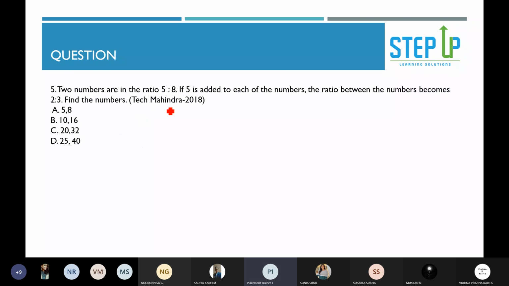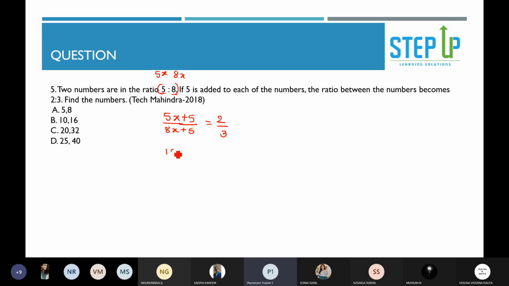See, one way of doing this question: two numbers are in the ratio of 5 is to 8. So we'll assume 5x and 8x are the numbers. Now, if 5 is added to both the numbers, the ratio becomes 2 is to 3.